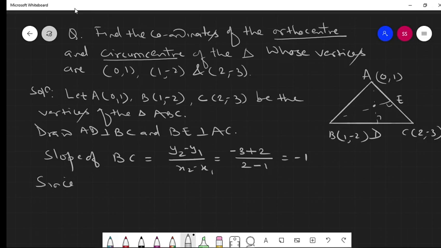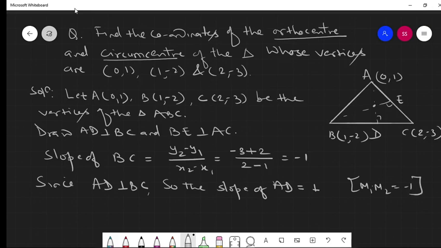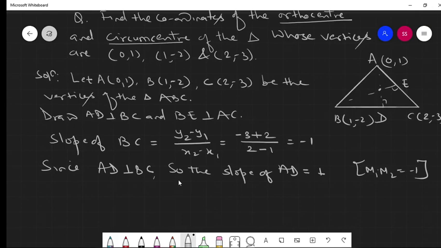Since AD is perpendicular to BC, the slope of AD equals 1, because m1 times m2 equals minus 1. Now we have to find the equation of AD.